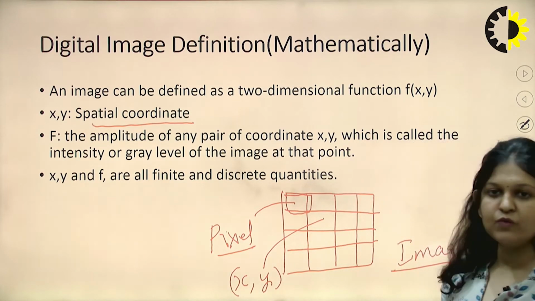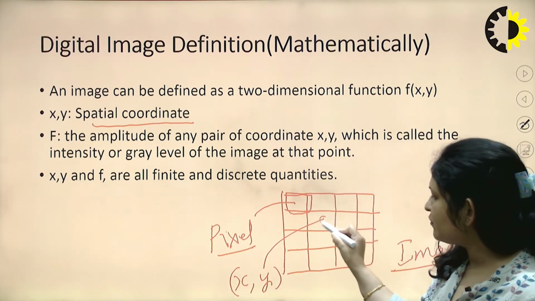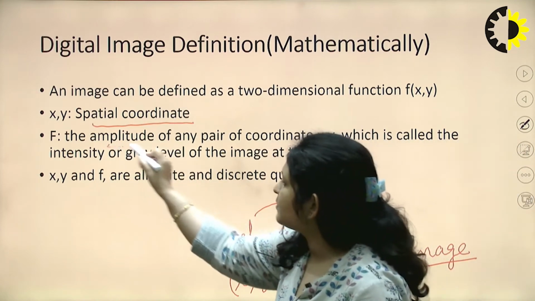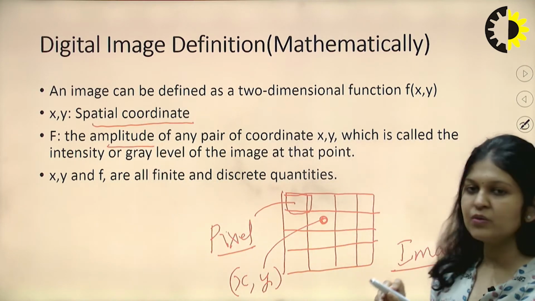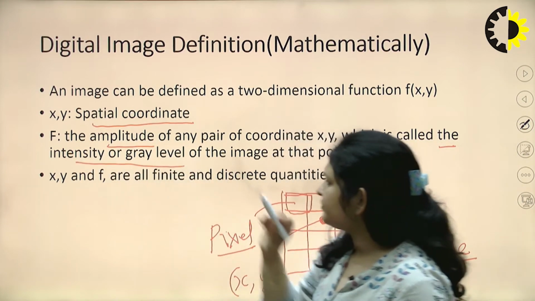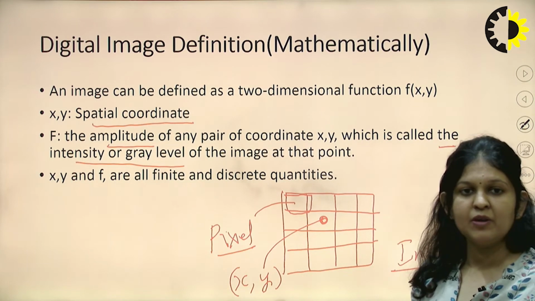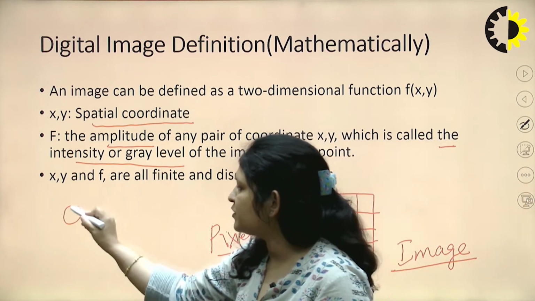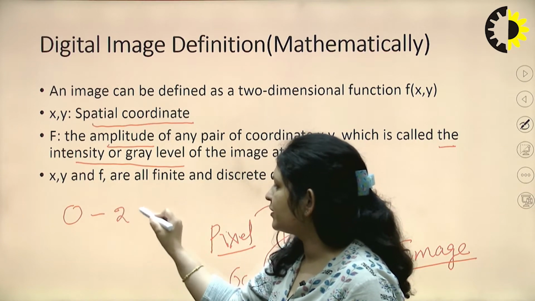Now for this pixel we store a value that is called the amplitude. The amplitude is nothing but the intensity or the gray level. When we talk about grayscale images, the intensity values go from 0 to 255.